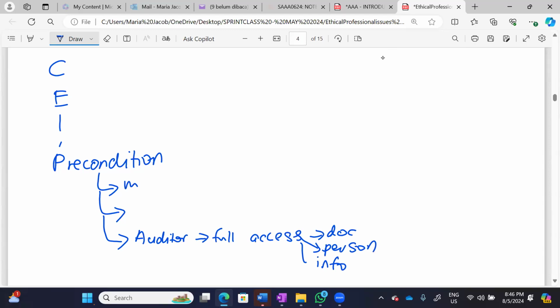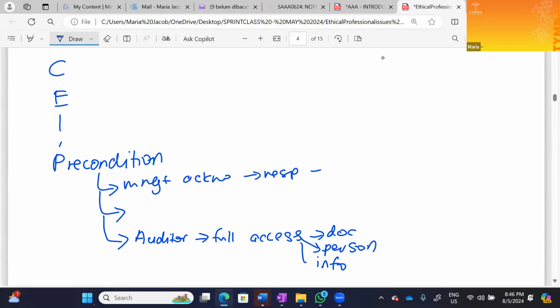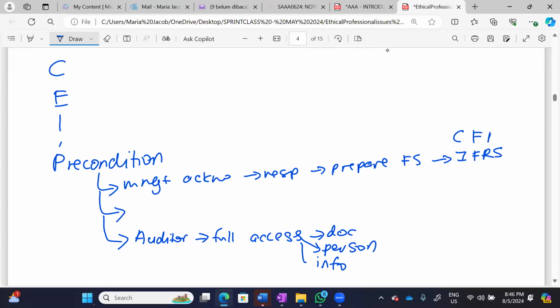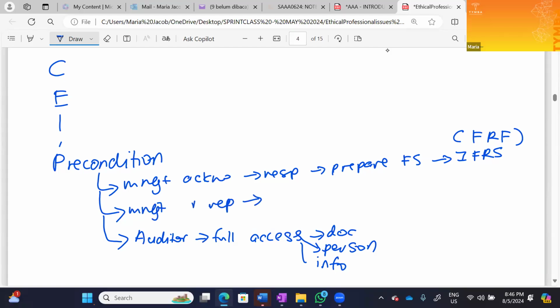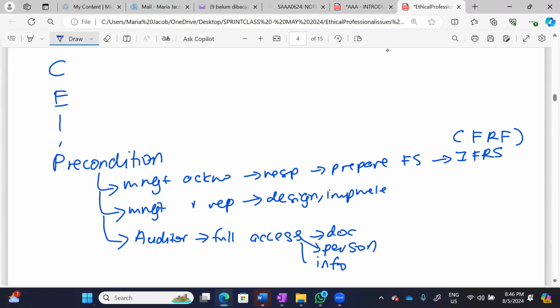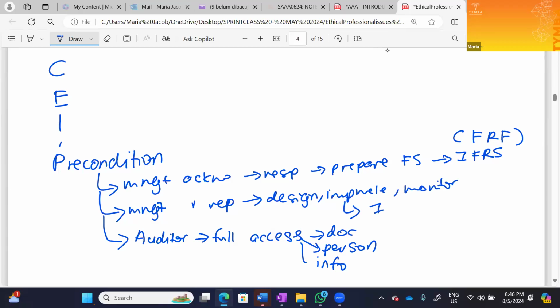The management must acknowledge that it is their responsibility to prepare financial statements in accordance with IFRS, or the applicable financial reporting framework. And management should also acknowledge their responsibility for designing, implementing, and also monitoring internal control. We have to get all this done, and only then can we accept it.